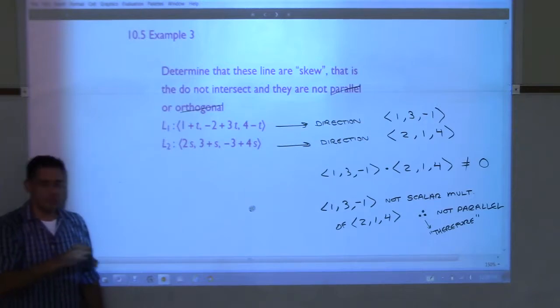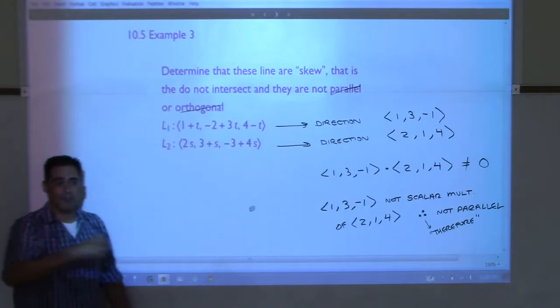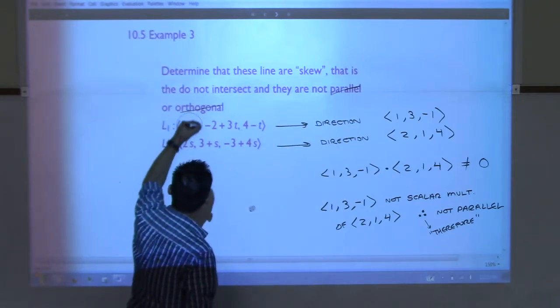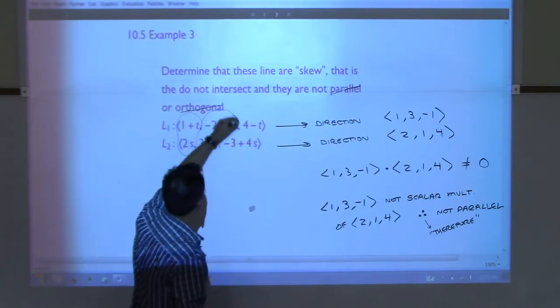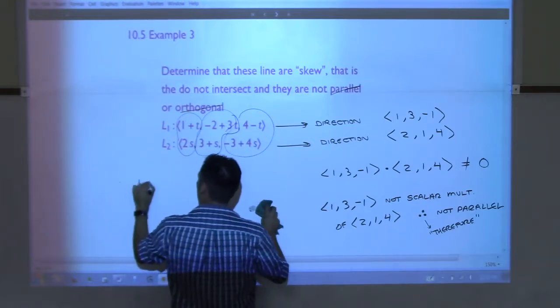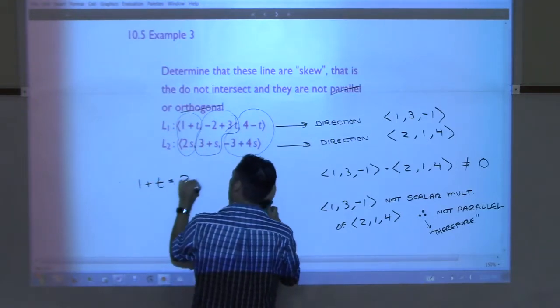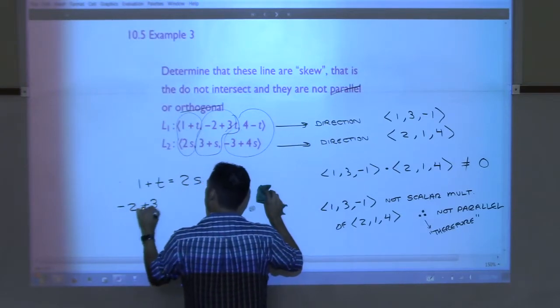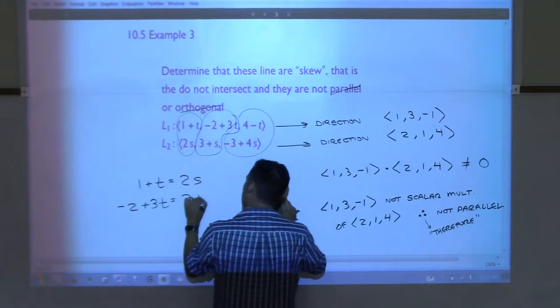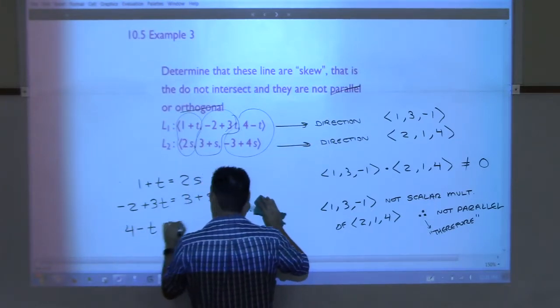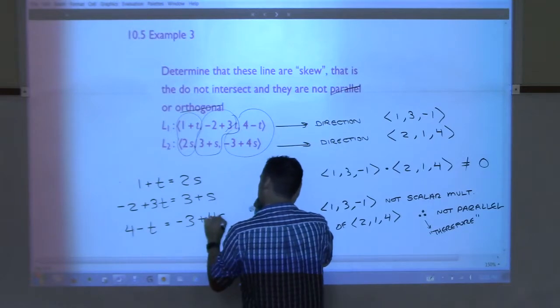The same x lives on both lines, the same y is on both lines, the same z. So what we're going to do is equate the x components, the y components, and the z components. So I'm going to write 1 plus t is 2s. Negative 2 plus 3t equals 3 plus s. And finally, 4 minus t equals negative 3 plus 4s.